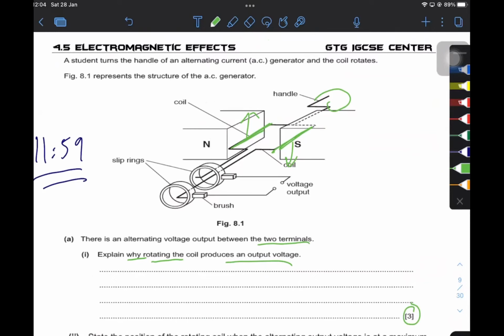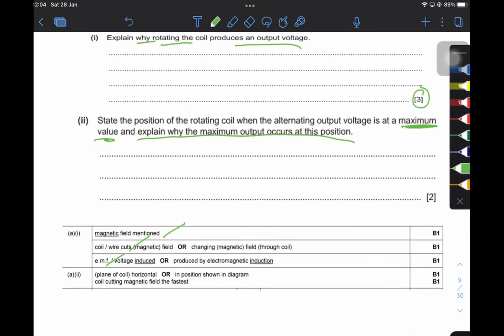You could describe it in two ways. When the coil is at the horizontal position, it will generate the maximum voltage because at this instance, the coil cuts through the magnetic field lines perpendicularly.